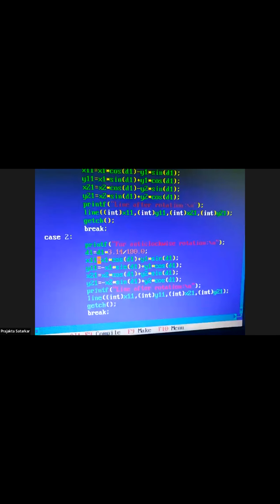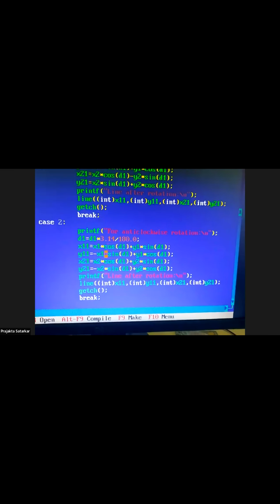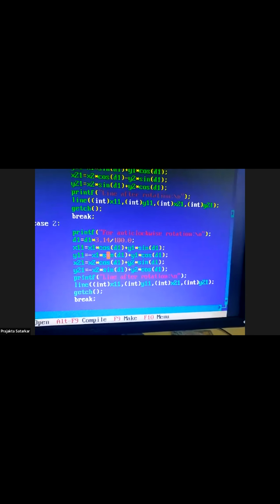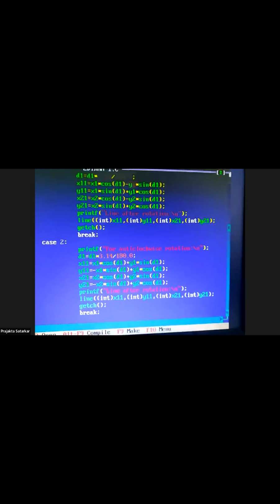Okay, so you can see now the code for the anti-clockwise rotation. In that only this T matrix is changing. Earlier the T matrix was cos and minus sine. If you observe in the above case, the minus sign was there in between, that is cos, minus sine and cos. Here it is cos, sine, minus sine and cos. And that's why only the sign changes between clockwise and anti-clockwise movement.